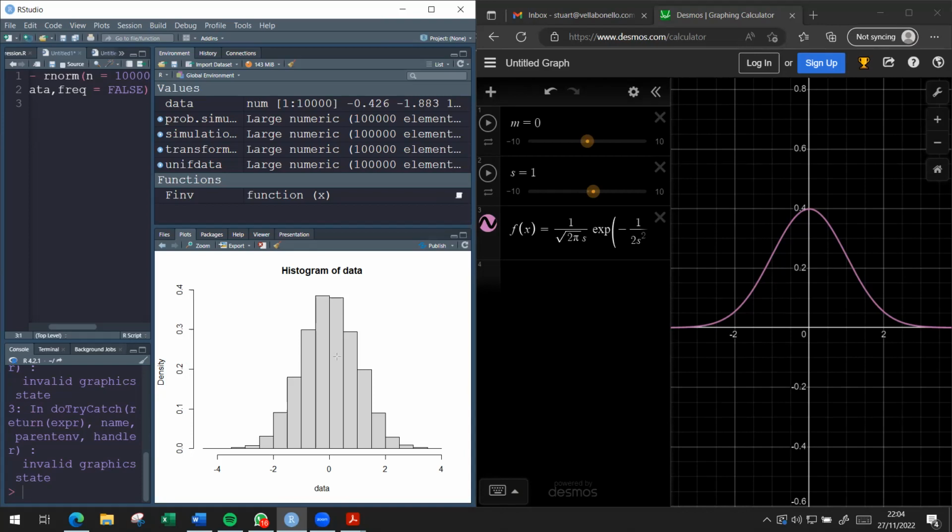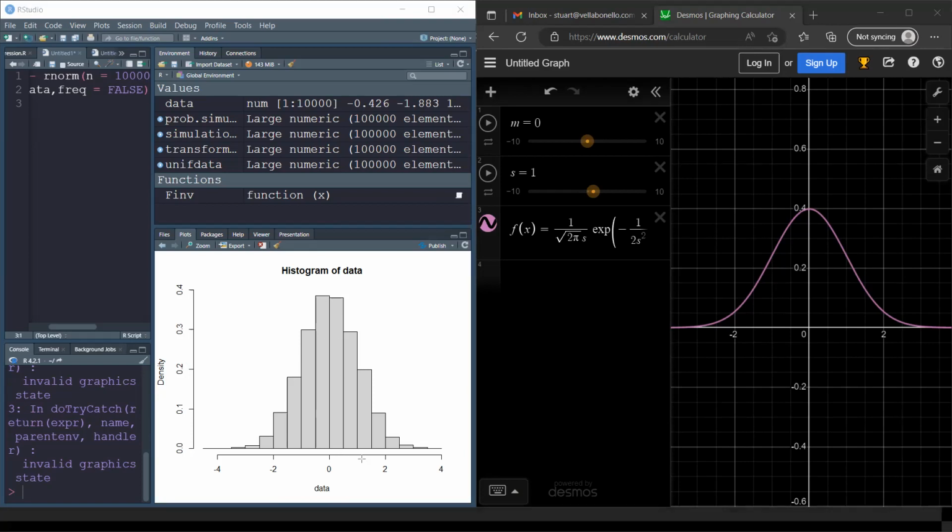So what it's telling you is, I'm sure you're all very good at working with histograms, but roughly 40% of the data is between what looks like negative 0.25 and 0.